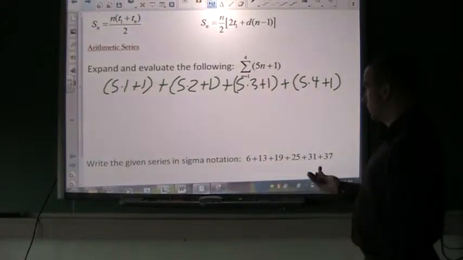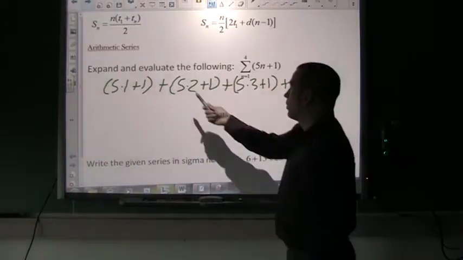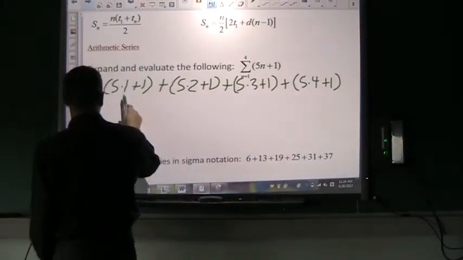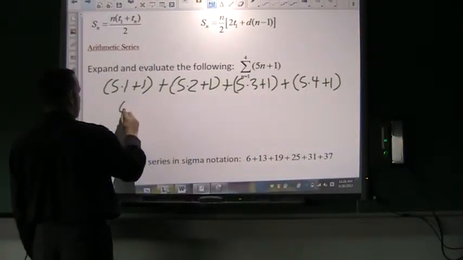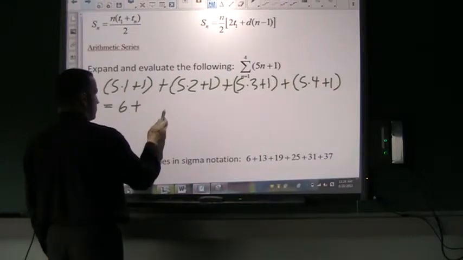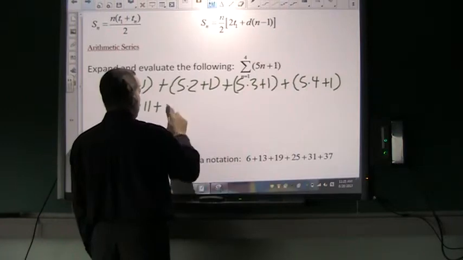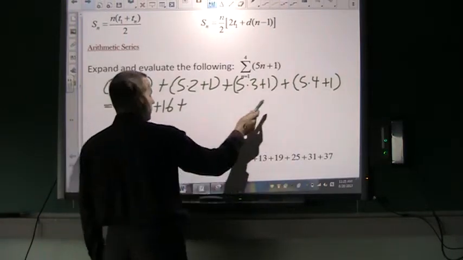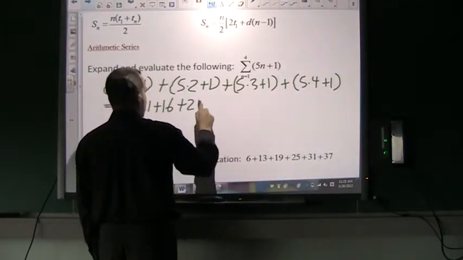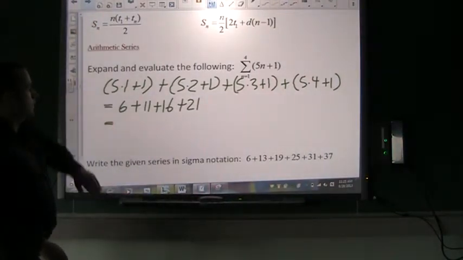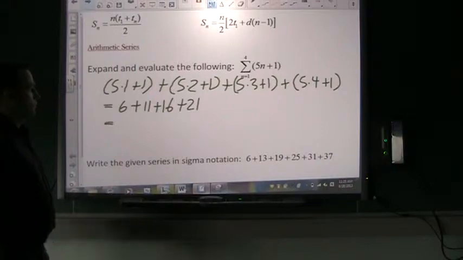And so there it's expanded, and now it wants me to actually evaluate it as well. So let's evaluate it. I've got 5 plus 1, so that'll give me 6, plus 10 plus 1, so that's going to give me 11, plus 15 plus 1, that's 16, plus 20 plus 1, so that's 21. Now, you could use one of the sum formulas. In this particular case, it's a lot easier to just actually mentally add them up.